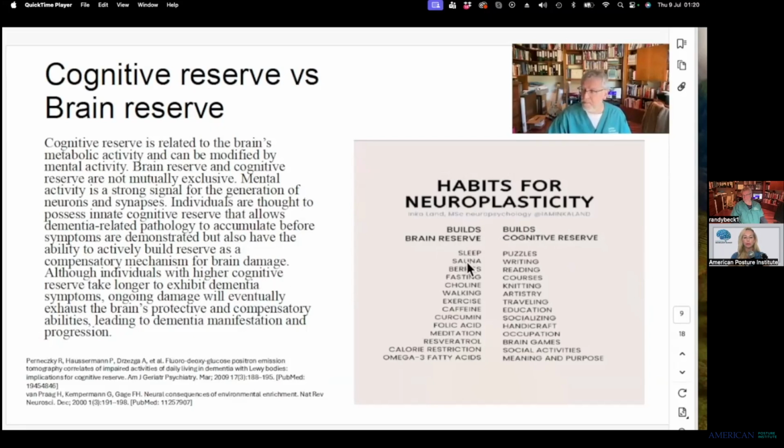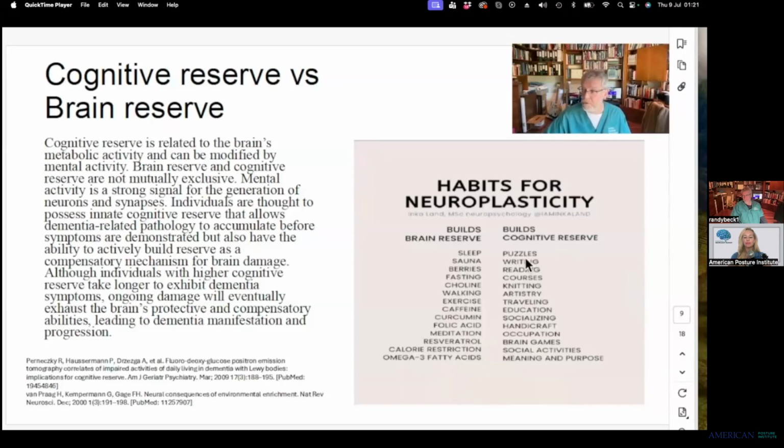So things like sleep, going into a sauna, eating berries, fasting, choline, walking, exercise, caffeine, curcumin, folic acid, meditation, resveratrol, calorie restriction, omega-3 fatty acids. These are all nutritional, lifestyle things that you do throughout your life. They're going to build this brain reserve.